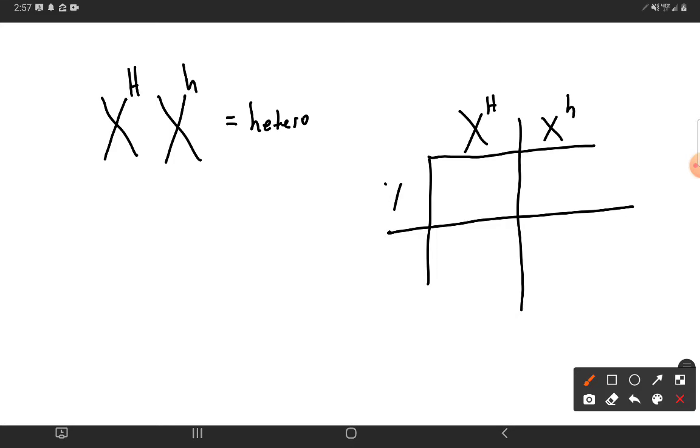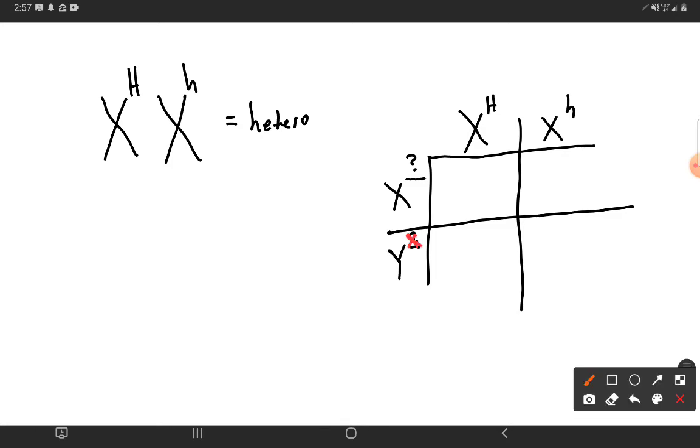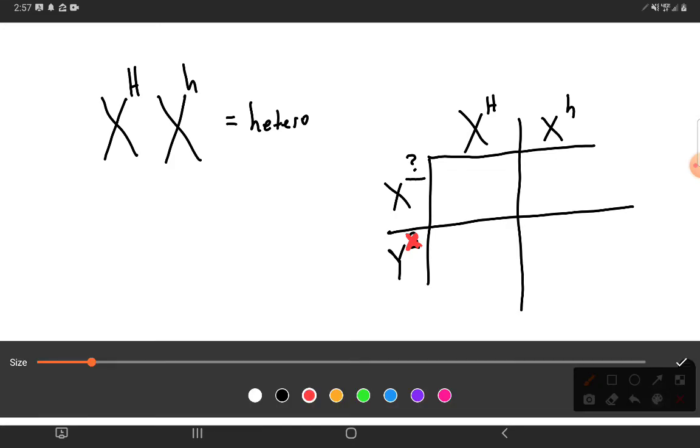But then when we try to draw the father in, you might be asking yourself, well, what about the father? What about his genotype? They didn't tell us. Well, first of all, we don't need to know what's on the Y chromosome because there is nothing on the Y chromosome. He is missing that information.